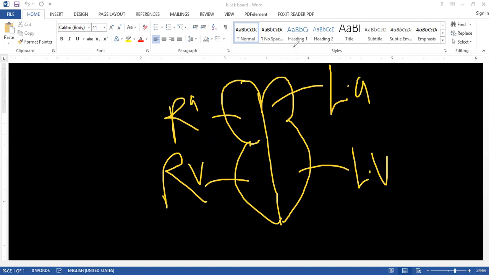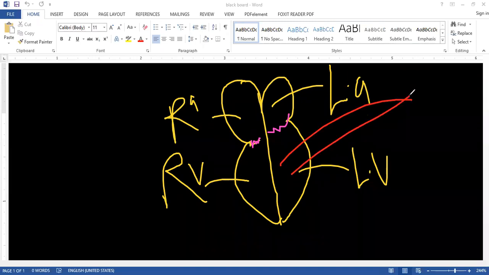And there are valves between the right atrium and right ventricle, the tricuspid valve, and there is another valve, this is the bicuspid valve. There are tubes which start from the left ventricle, that is the aorta or systemic artery, and another tube which starts from here, that is the pulmonary artery.